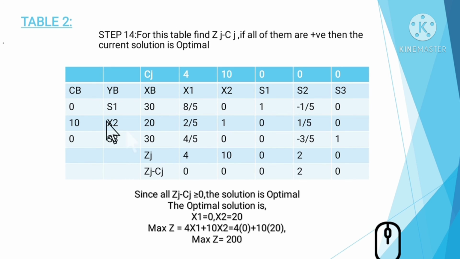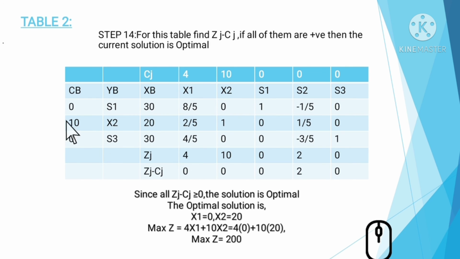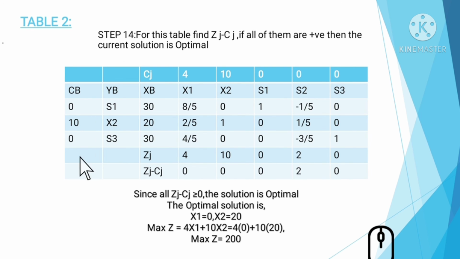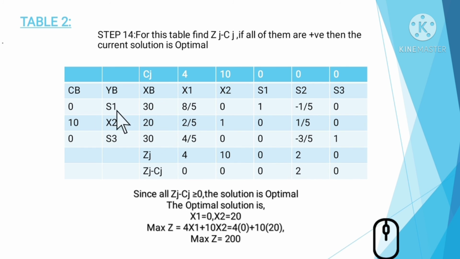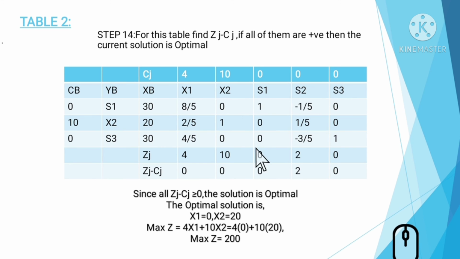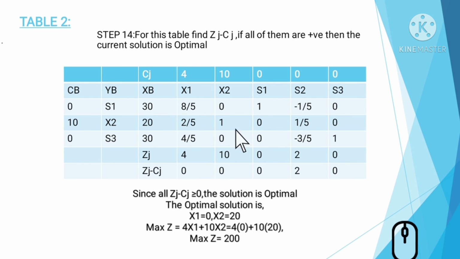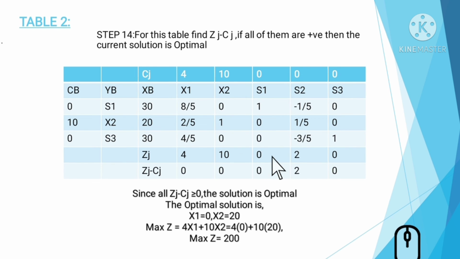Zj for CB into x2: 0 into 0 plus 10 into 1 plus 0 into 0 is 10. Next, multiplying the columns of CB with the columns of S1 and then adding: 0 into 1 plus 10 into 0 plus 0 into 0, we get 0.